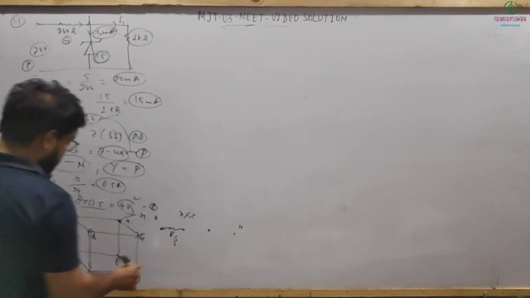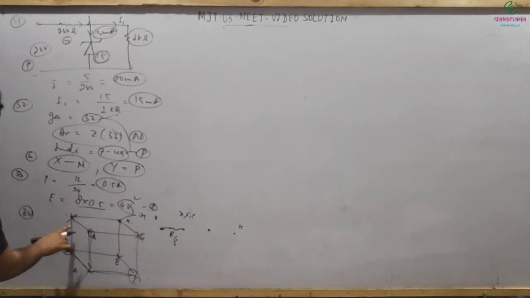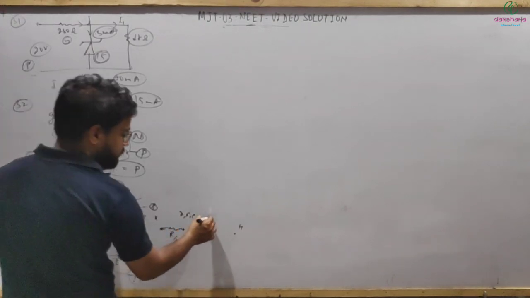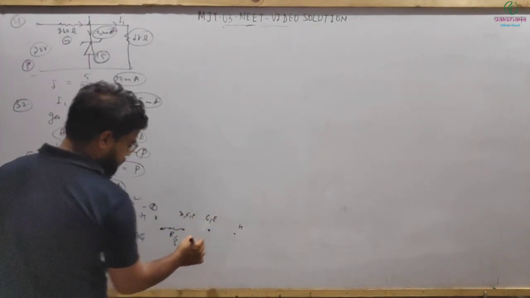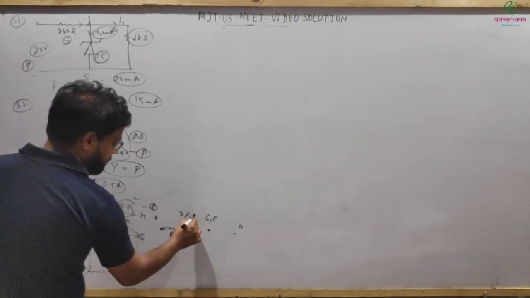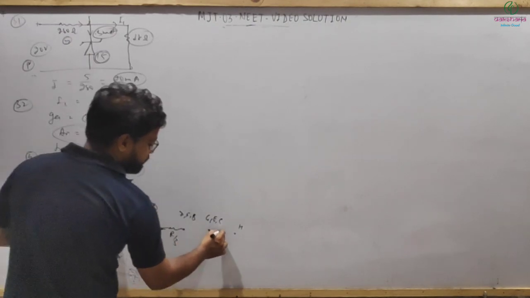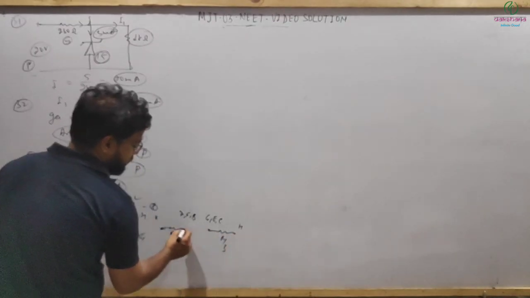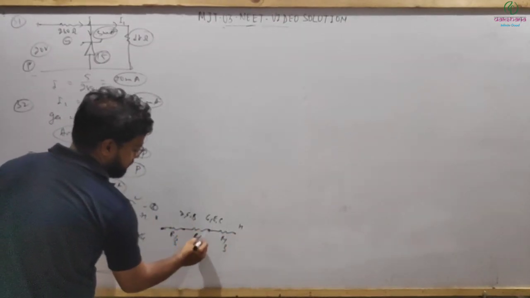Similarly here it will be B, E, C. So here also 3, R by 3, and 6 will be here in parallel, so R by 6.